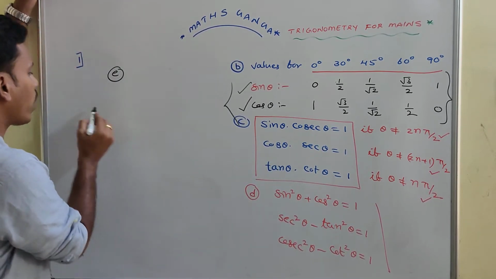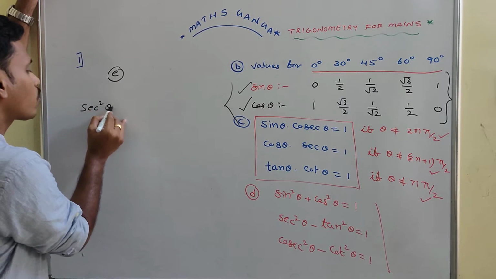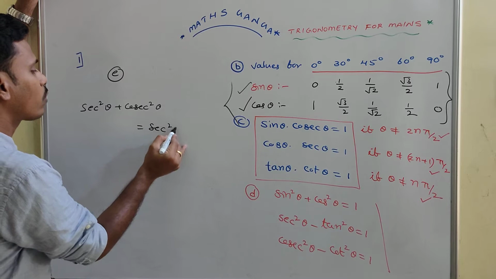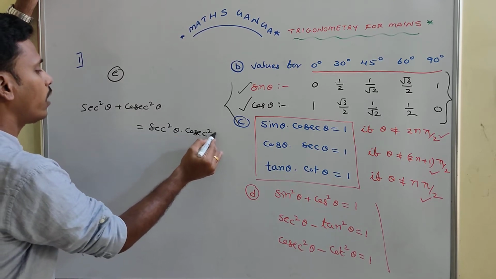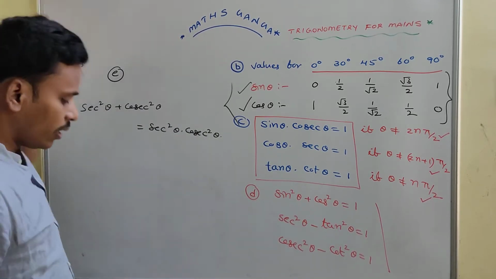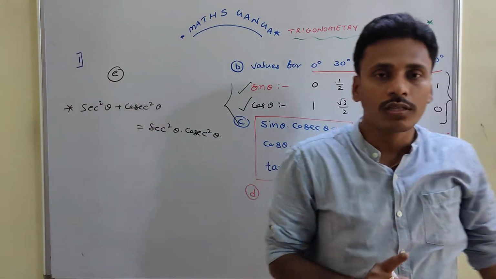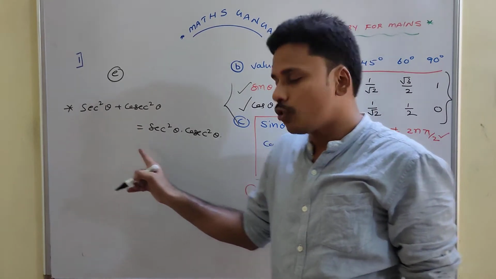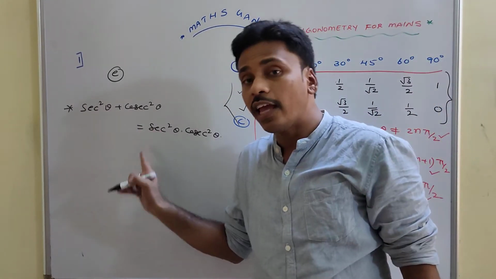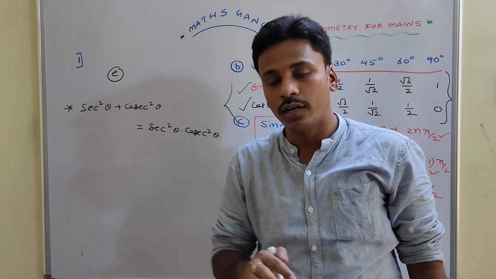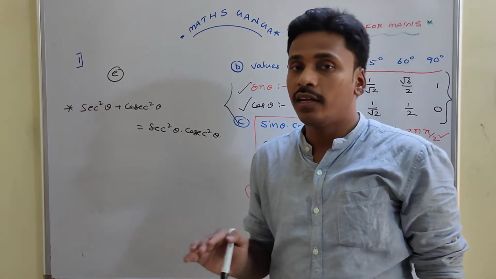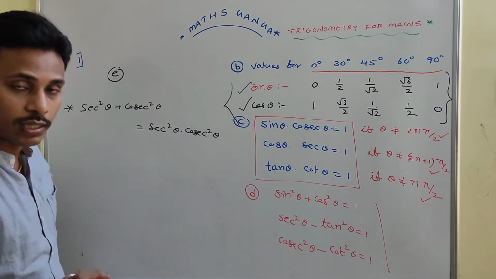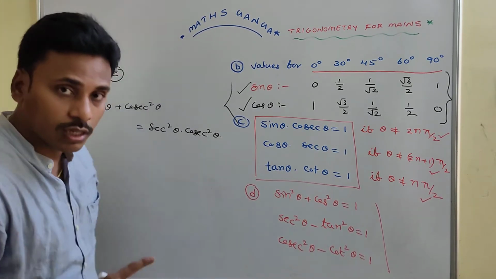Secant square theta plus cosecant square theta is equal to secant square theta into cosecant square theta. Easily you can prove this using the first identity, and this is useful in many branches, not only in trigonometry, in some other areas also this identity is helpful in many problems. That's why you need to memorize this.